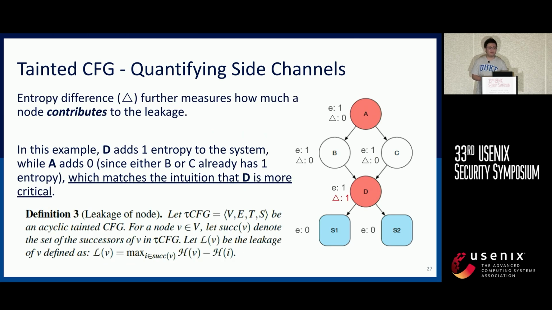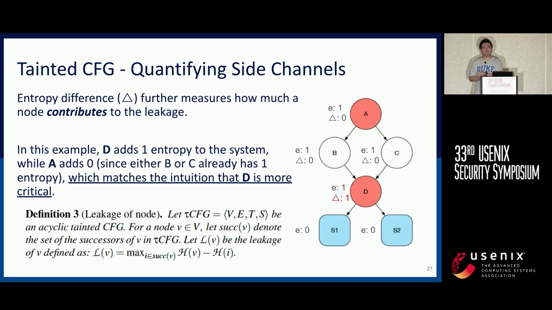And the difference of entropy further measures how much a node or a branch can contribute to the overall leakage of a program. In this example, after some calculation, we can see that branch D actually contributes more leakage than branch A. This matches our intuition that D is the branch that's responsible for the information leakage, and it's not A.